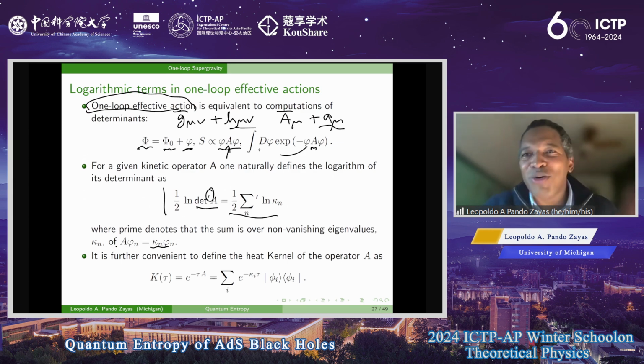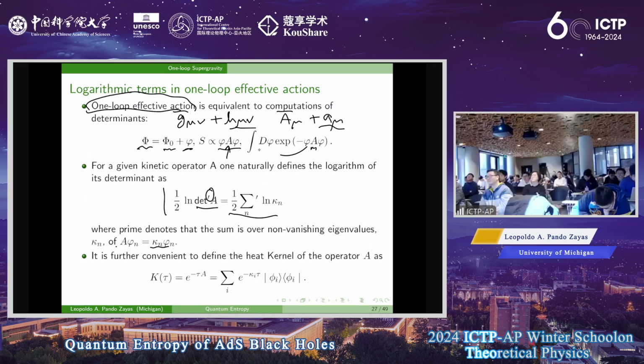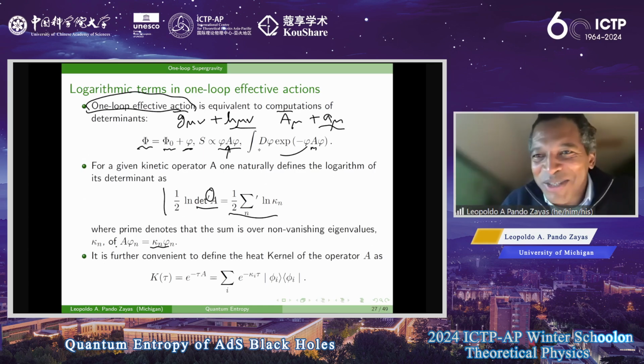Now, we are not doing Lorentz invariant computations in flat space. We are in a curved space, and because we are in a curved space, we need to use certain techniques to compute this determinant. So it is convenient to introduce this heat kernel operator for the operator A, which is written like this.